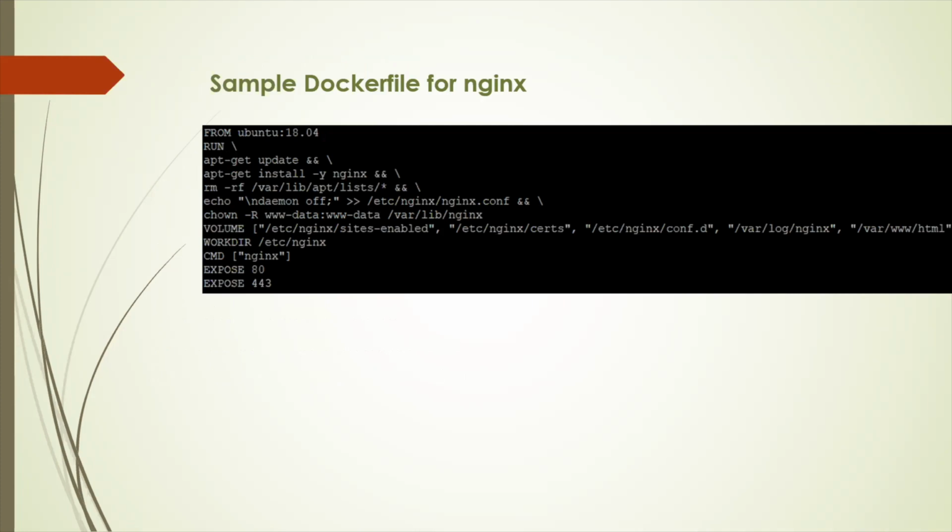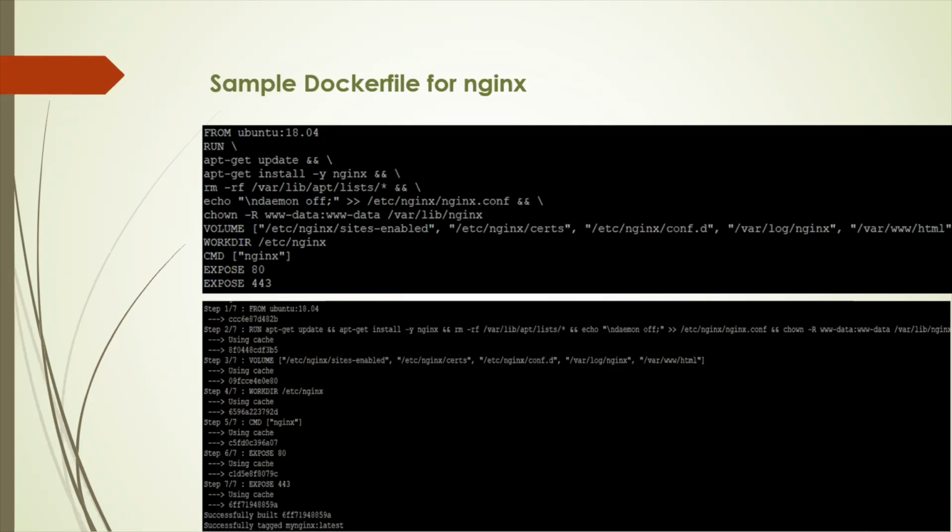If you look closely, a Dockerfile looks something like this, where we mention the base operating system from which we are going to build the application, and then the dependencies that we are going to put in. Along with that, we mention what configurations we are going to do for that particular application, what the working directory would be, how we're going to start the application, and finally how the port would be exposed.